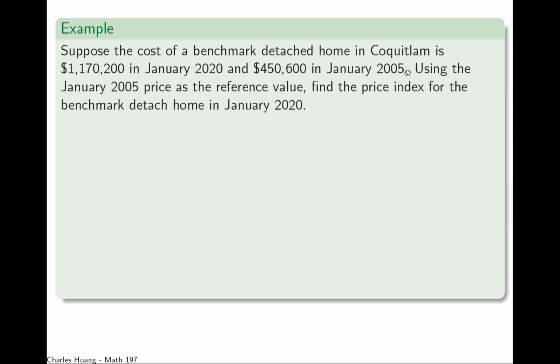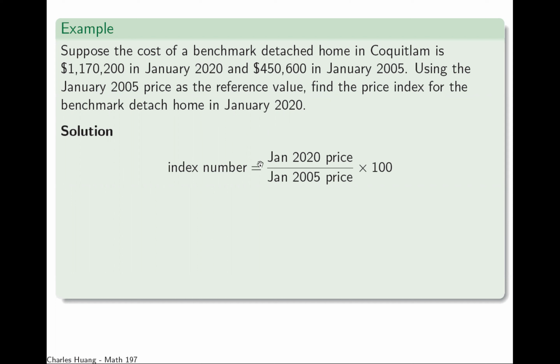So for example, if we think about a detached house in Coquitlam, say a few years ago versus many years ago. If we use this as a reference value, so if we call this 100, we can find out how much more that is.